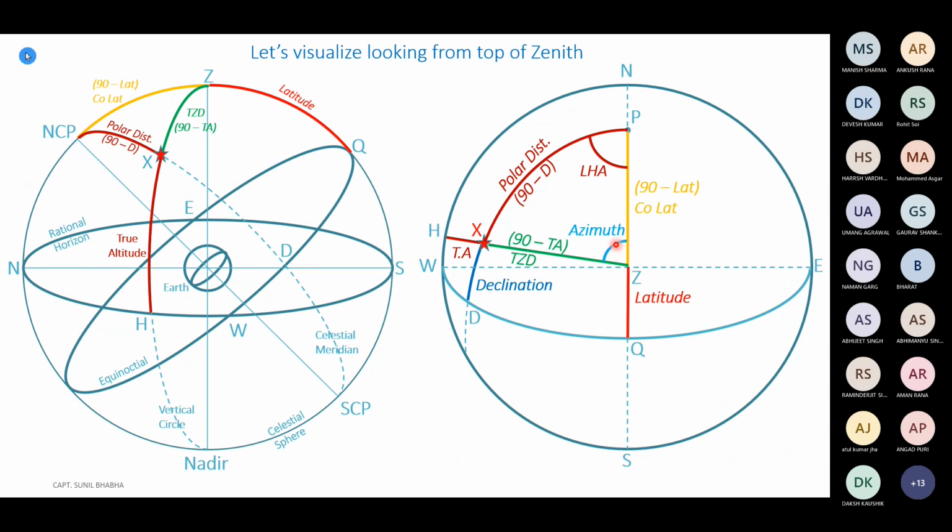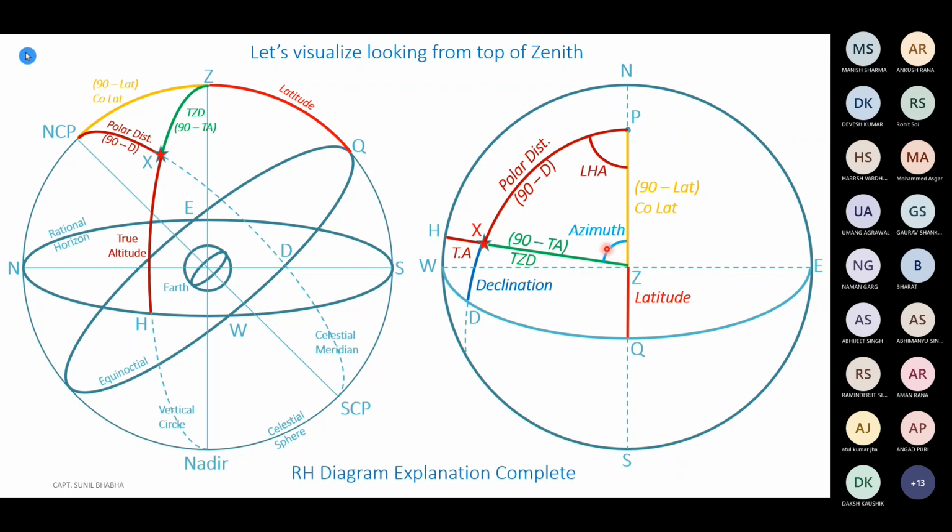You can visualize here, beta, that this angle basically gives us the direction in which the body is. The side PZ, or NPZ, represents true north, and the side ZX represents the direction in which the celestial body is.